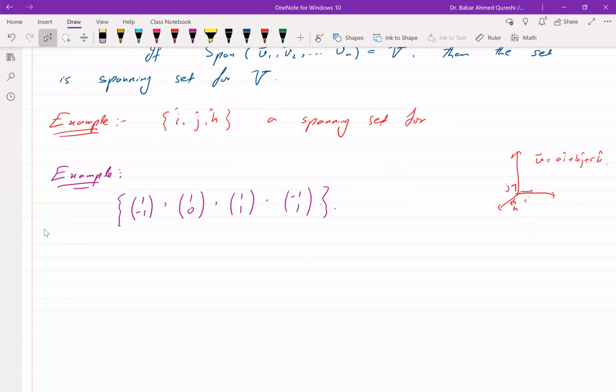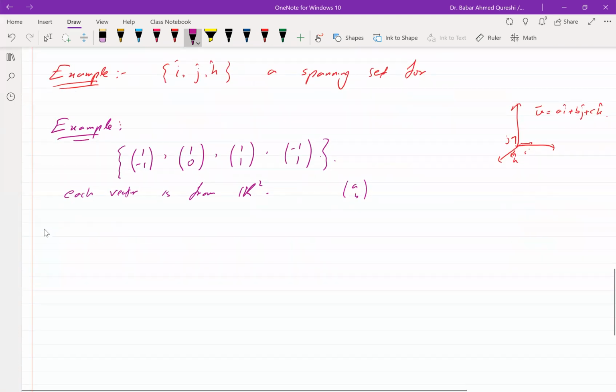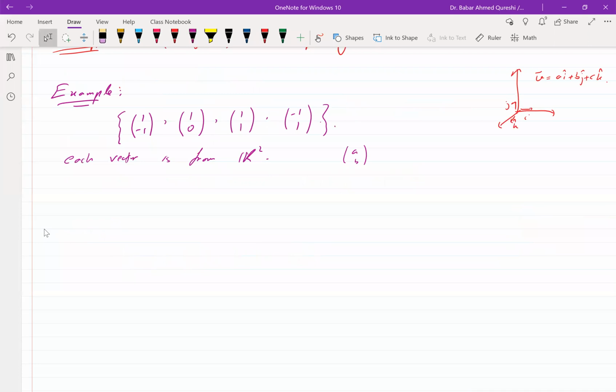These are vectors, each vector here is from R2, right? This is of the form (a, b). The question is, is the span of these vectors R2? Is this a spanning set for R2?